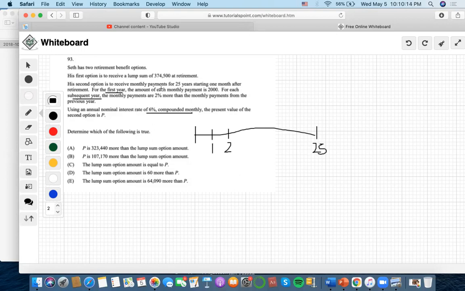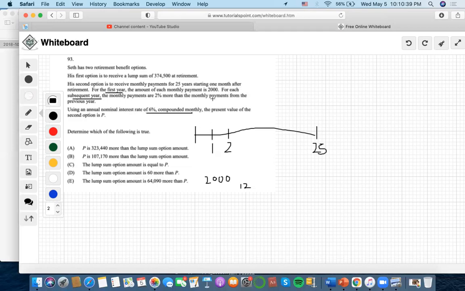Okay, so it says that for the first year, the amount of each monthly payment is 2,000, right? Which means that within 1 year, there have been 12 payments. And they're also saying that each subsequent year, the monthly payments are 2% more than the monthly payments from the previous year, right?